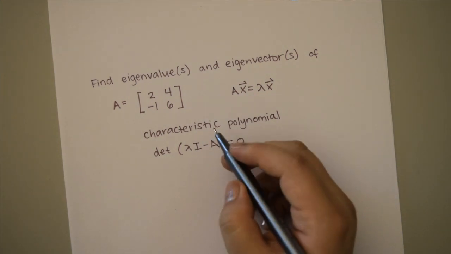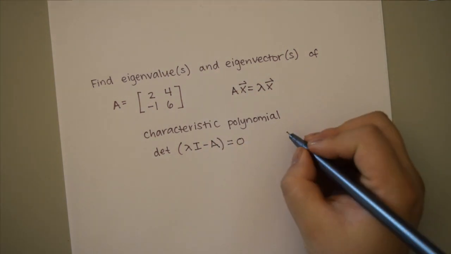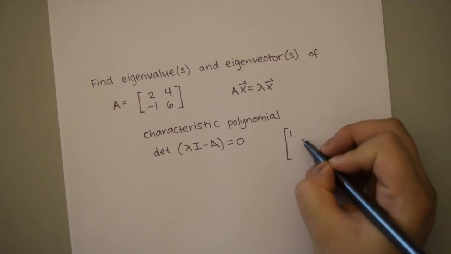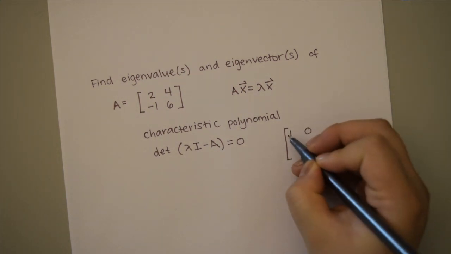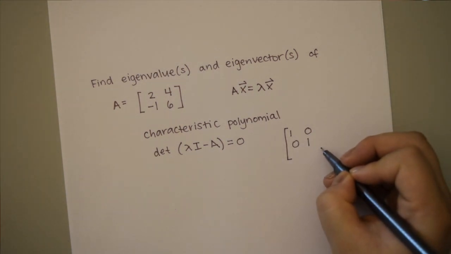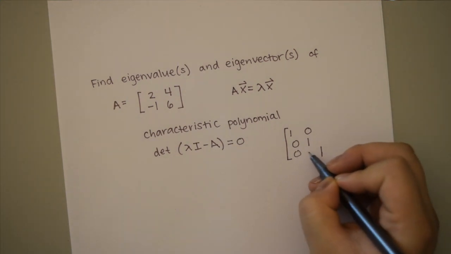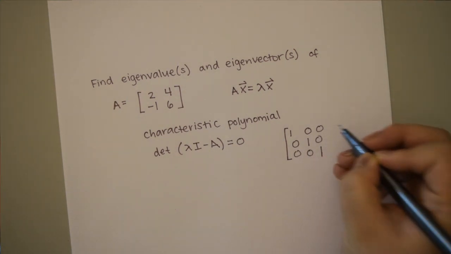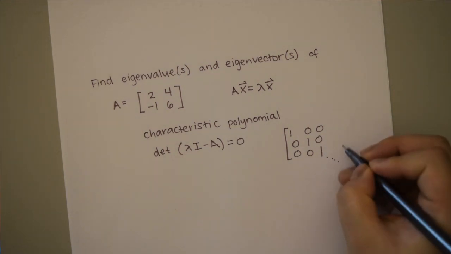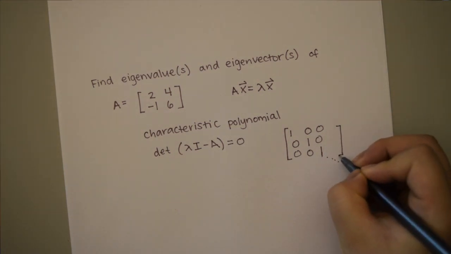So I being the identity matrix, that is the matrix where we have 1 along the diagonal of the matrix and zeros everywhere else. So, 1, this would be the 3 by 3 identity matrix, but it goes on and on as you need it to.